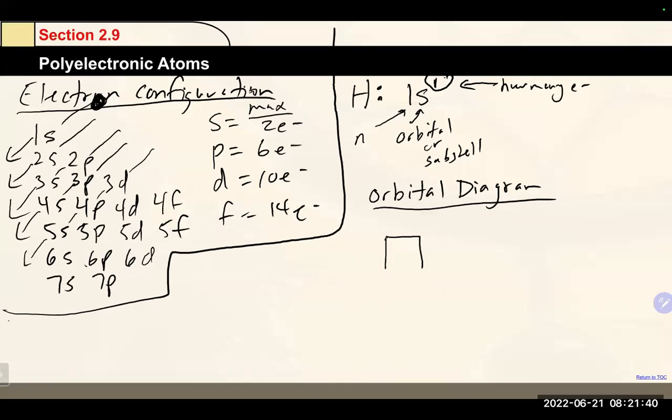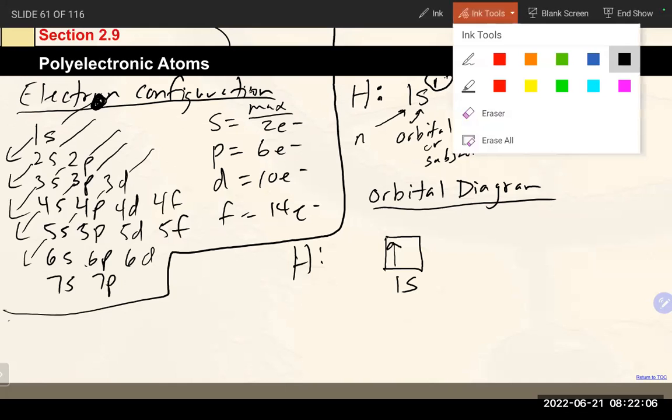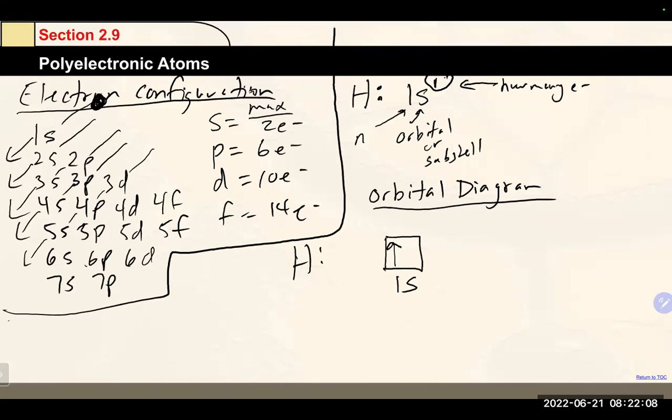For hydrogen, we have a 1s orbital, and our orbital diagram would look like this with 1 arrow pointing upwards. When the first electron goes into the orbital, it by designation points upwards. We can assign our quantum numbers to this electron here, just to tie this into quantum numbers.